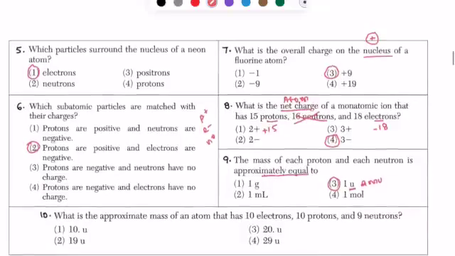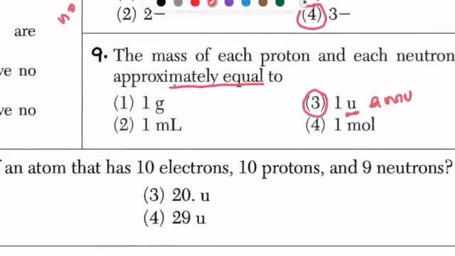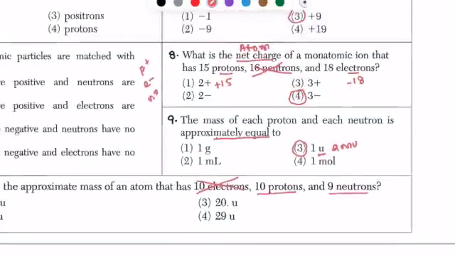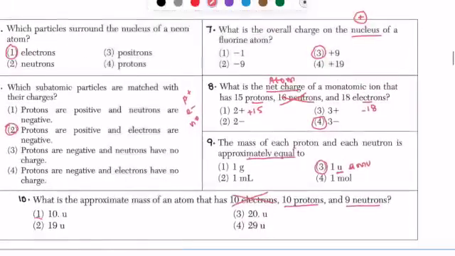So what is the approximate mass of an atom that has 10 electrons, 10 protons, and 9 neutrons? Remember, we do not need to consider the mass of the electrons. We can only consider the mass of the protons and the neutrons, so that will be approximately 19.